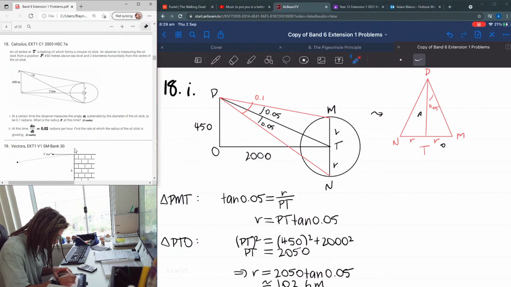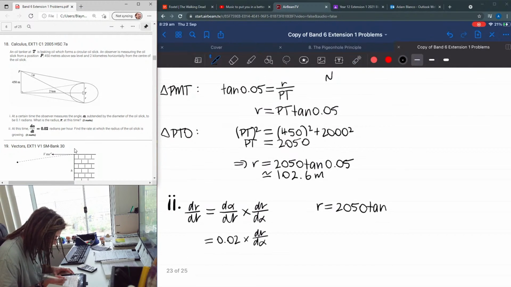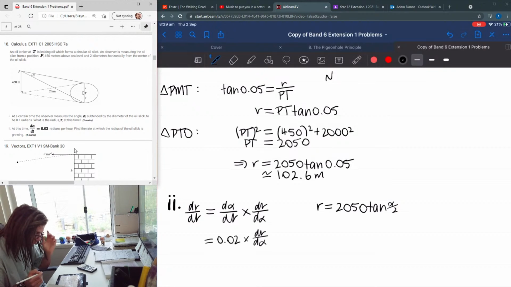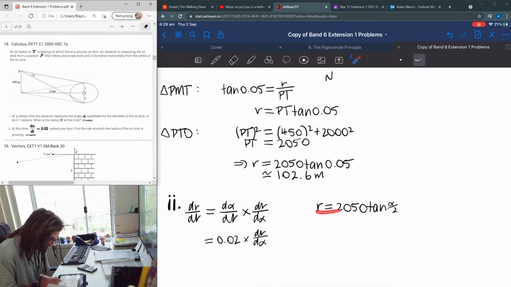I got it from recalling that this whole thing is alpha, which means this is half alpha. So that means my expression for R in terms of alpha is 2050 tan alpha on 2. Hope that makes sense. Okay, so that gives me an expression for R in terms of alpha.